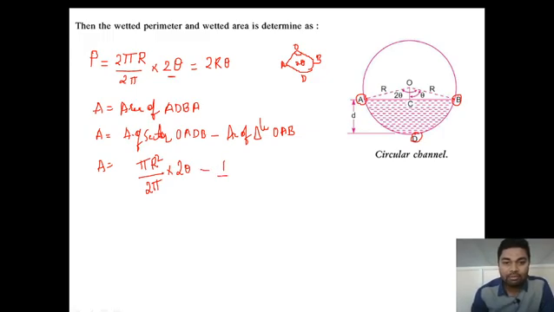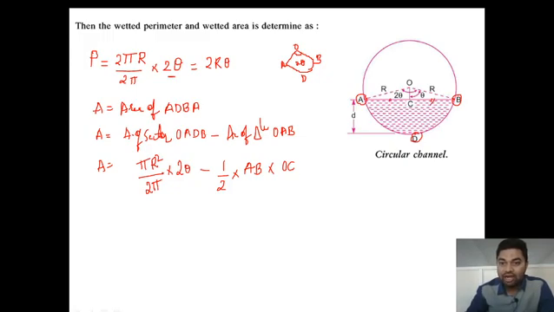Minus the area of triangle OAB, which is half into base into height. What is the base? AB is the base. Height is OC. Now if you look here clearly, this point C divides AB into 2 equal parts.